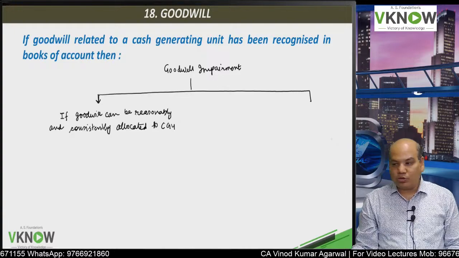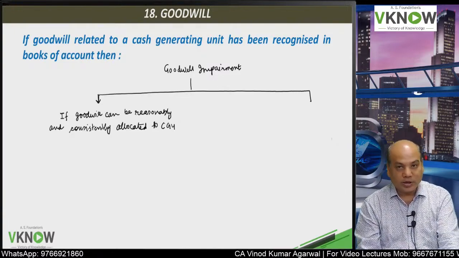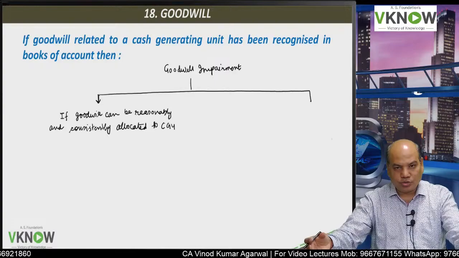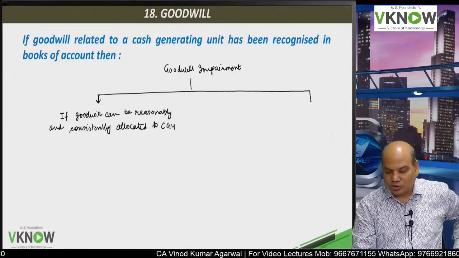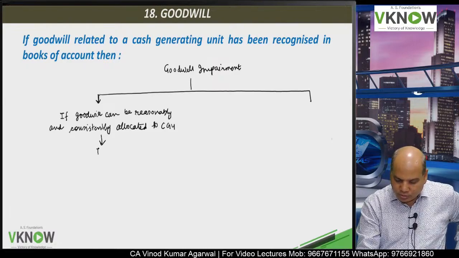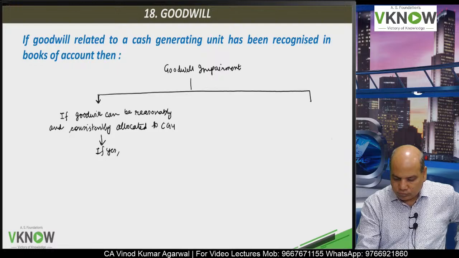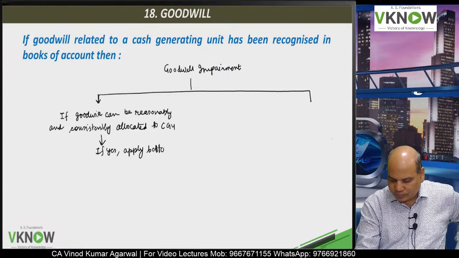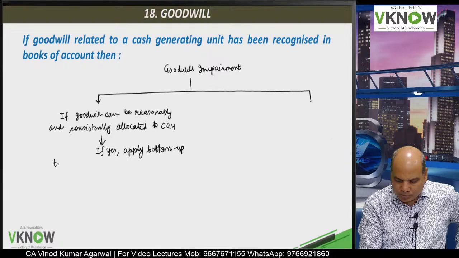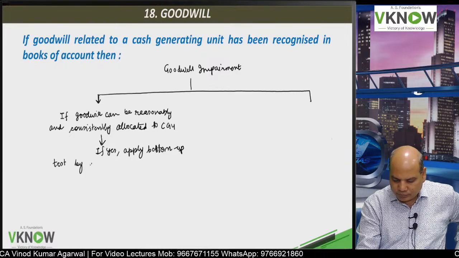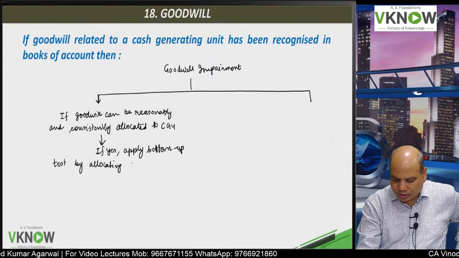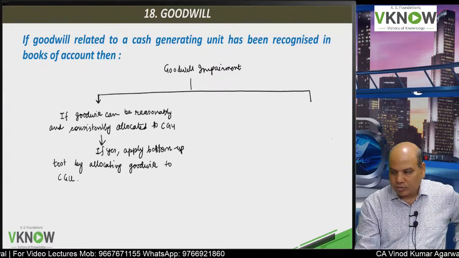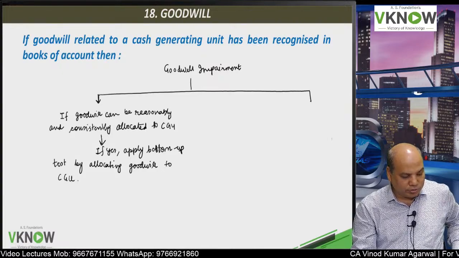Can the goodwill be allocated to CGUs? If you have acquired a business, you may have acquired 3-4 CGUs. Check whether goodwill can be allocated to the CGUs. If yes, apply bottom-up test by allocating goodwill to CGUs.